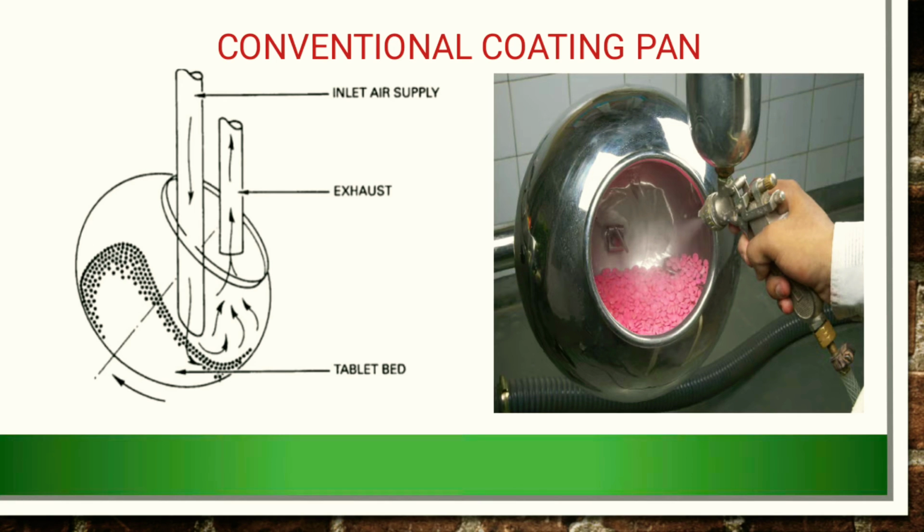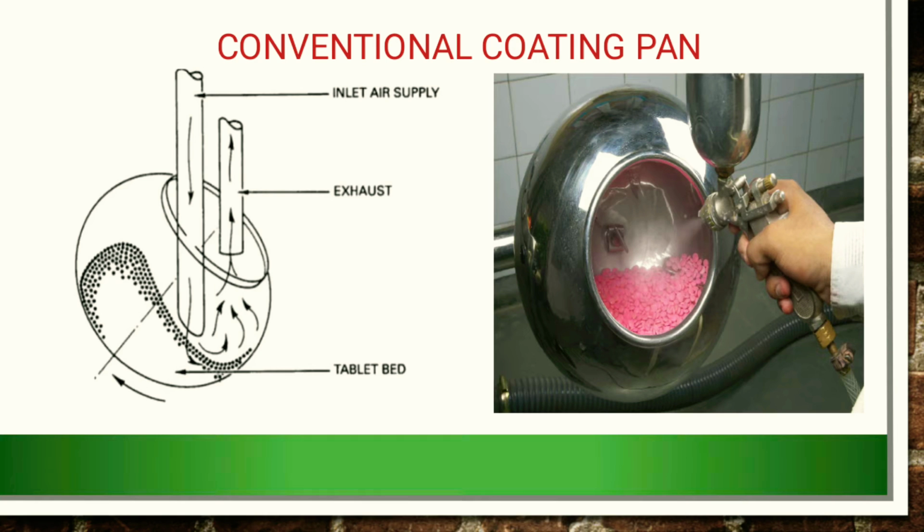Further, since the conventional pan was in common use at the time film coating was introduced, this type of equipment initially formed the basis of film coating process, which lacked drying efficacy. A number of modifications were made to the design of the hot air equipment to accommodate the aqueous process.